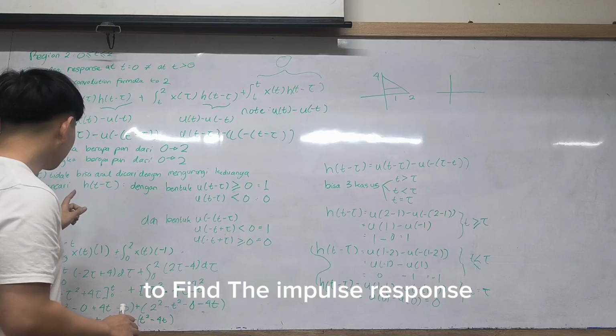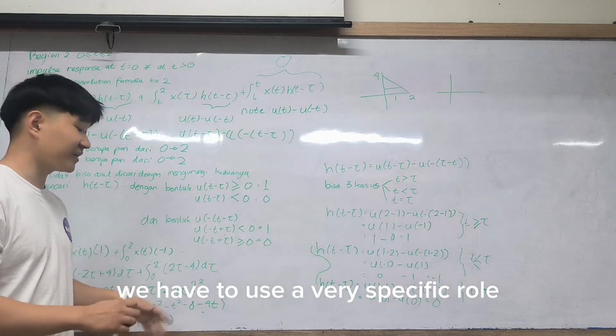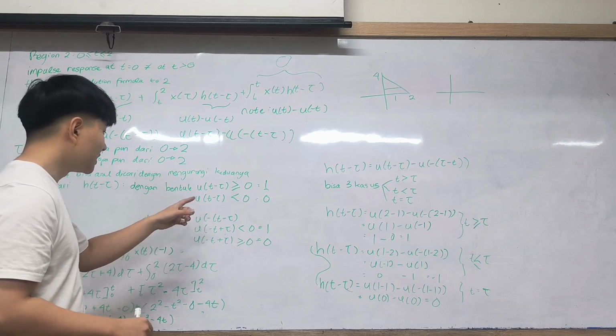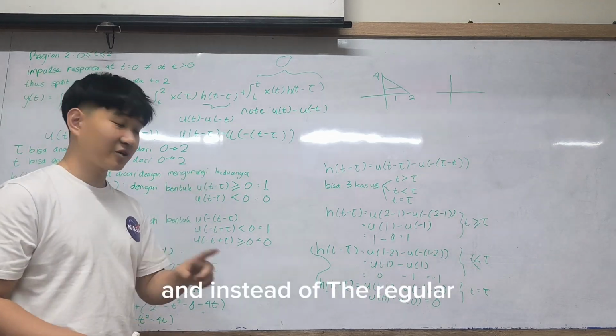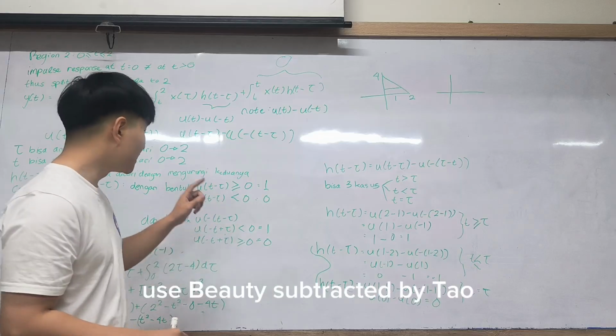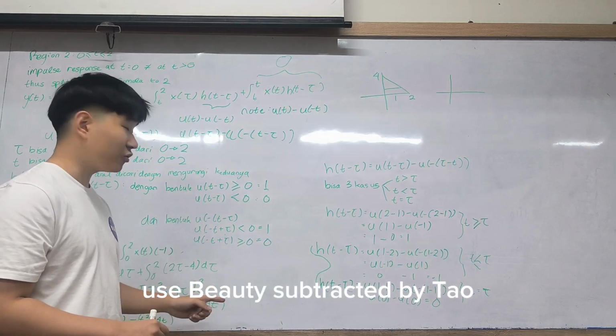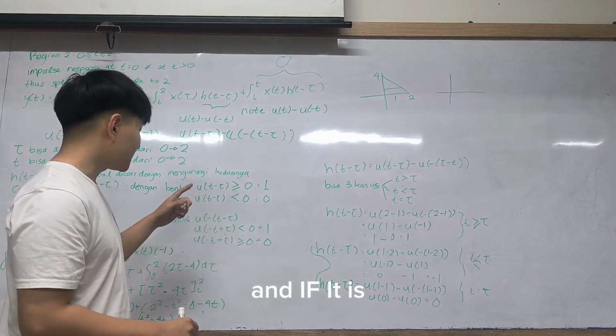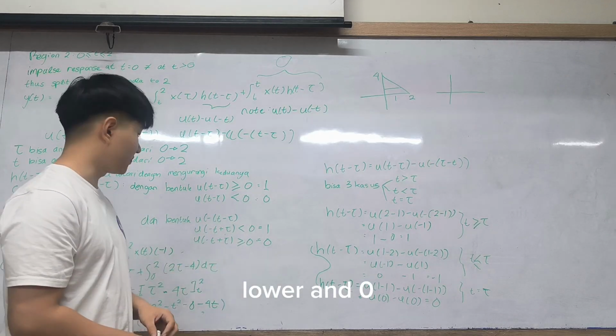Therefore, to find the impulse response, we have to use a very specific rule again, the unit step function. And instead of the regular u(t) greater than 0 and u(t) lesser than 0, we use u(t) subtracted by tau. If it's greater than or equal to 0, then it is 1. And if it is lower than 0, then it is 0.